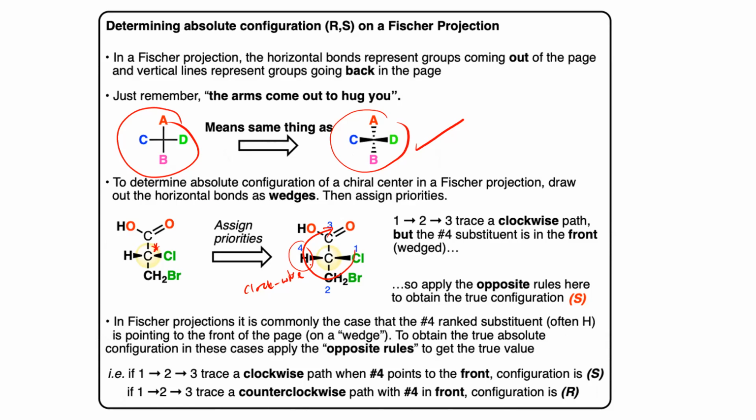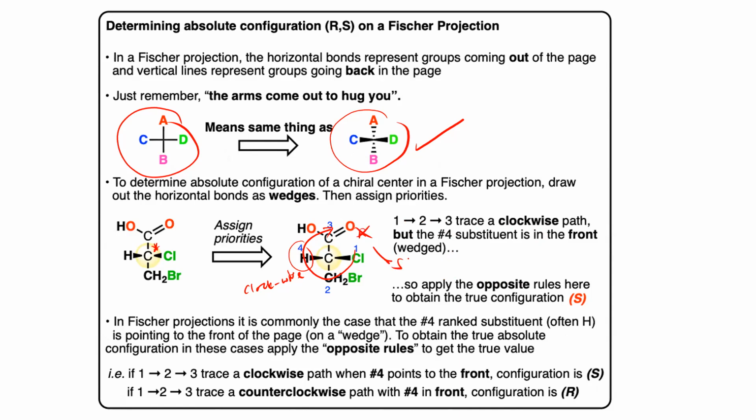If the lowest priority group is coming towards you, like here, where this hydrogen is the lowest priority group and is coming towards you because it has a wedge, then you reverse the stereochemistry that you determined. Here 1, 2, 3 traces a clockwise pattern, so we feel it should be R, but that is not the case. You reverse that to S.